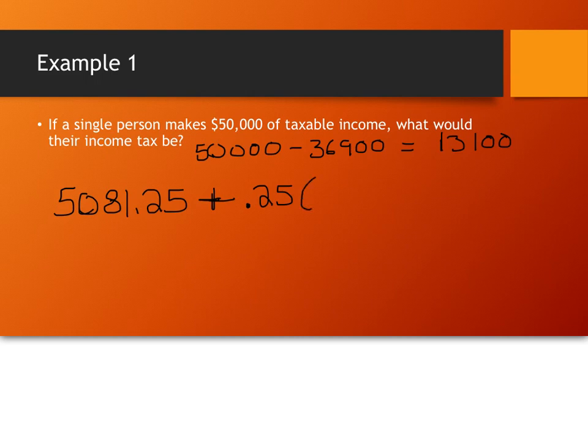So that we know the amount over 36,900 is 13,100. So the tax is 5,081.25 plus 0.25 times 13,100. And so the total tax would be $8,356.25.